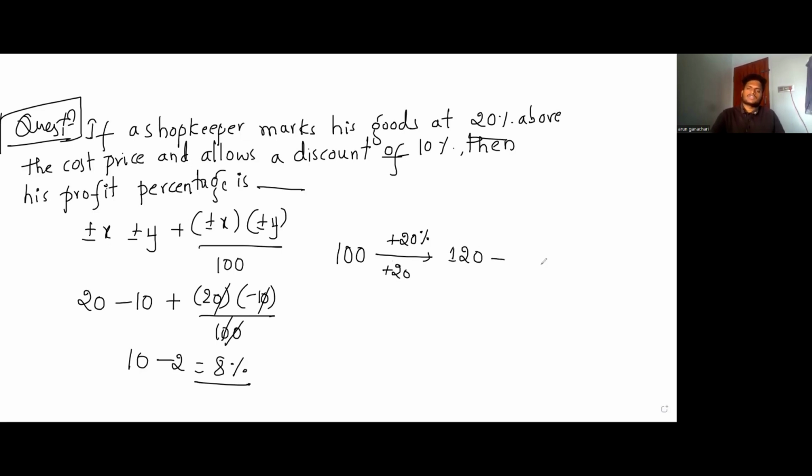Then after that, he gives a discount of 10%. What is 10% of 120? 12. Yes or no? So what is 120 minus 12? 120 minus 12 is 108. So from 100, we had a profit of how much? 8%. Getting this? This is one more way of doing it.